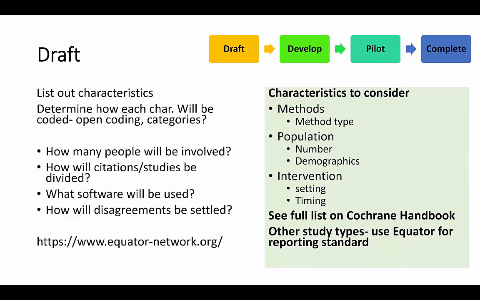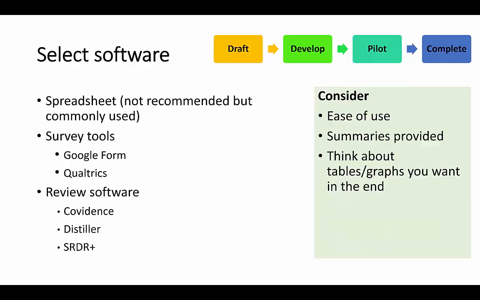You could go in there and find the reporting standard for that type of study, and that would list out the things that you need to include. Just like we have PRISMA for what should be included in a systematic review, there are other reporting standards for different study types. So that can help to get them started.